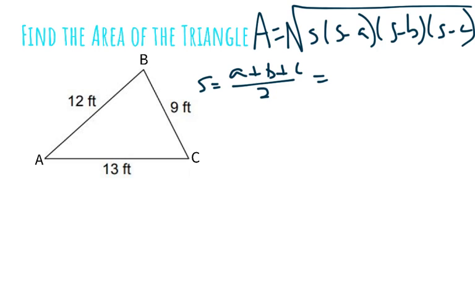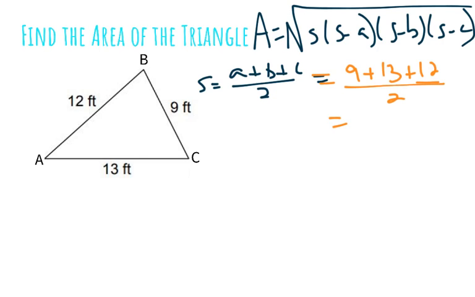For our problem, a is 9, across from our angle. b is going to be 13 plus c, which is 12, divided by 2.